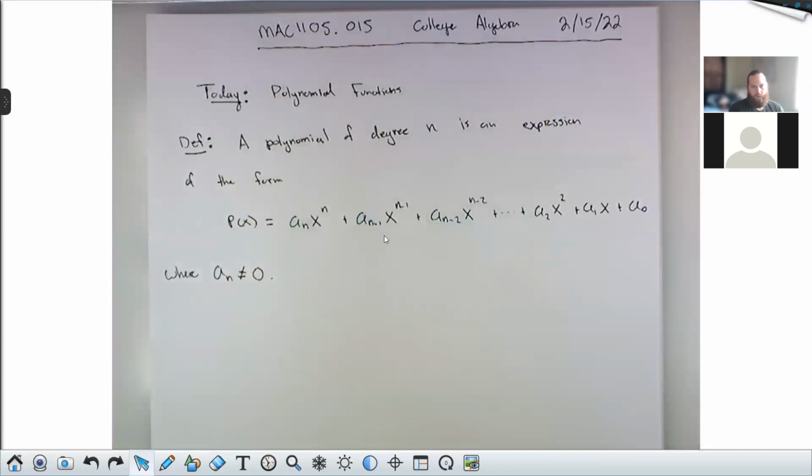So a_(n-1), a_(n-2), all the way down to a_0 are constants. And we require that a_n is not 0. The reason for that is we've said that this is supposed to be a polynomial of degree n, and degree really just means the largest power of x that shows up.